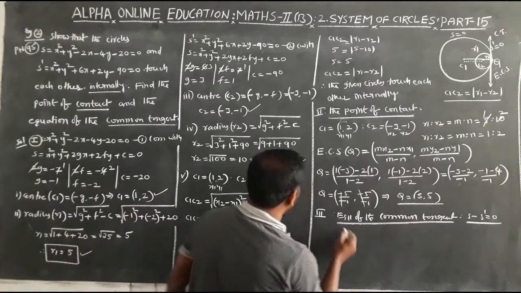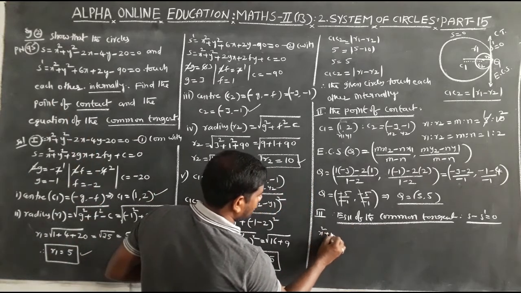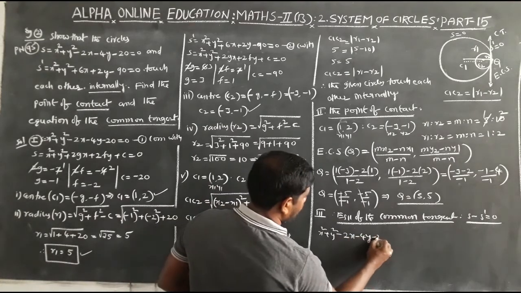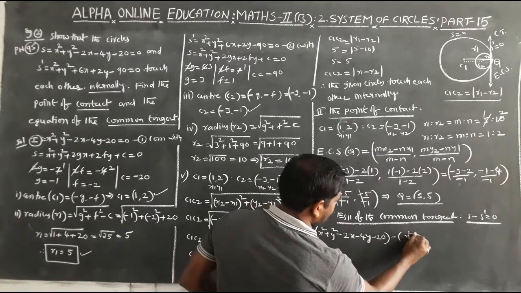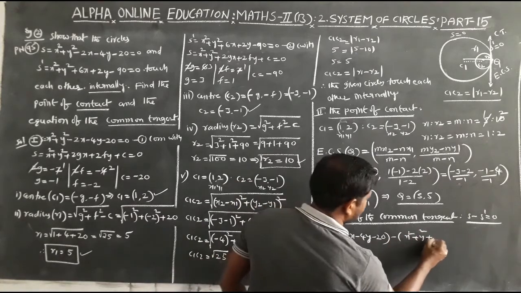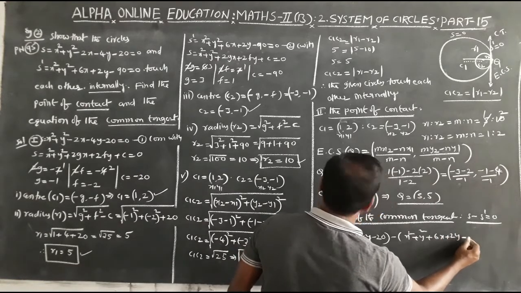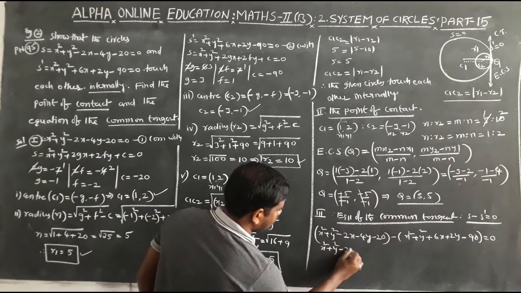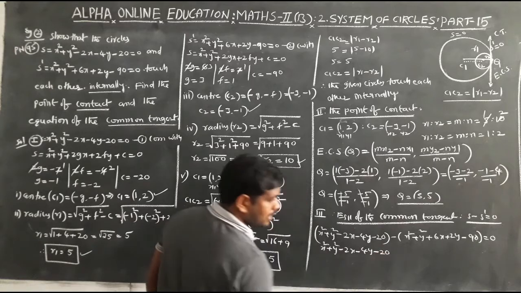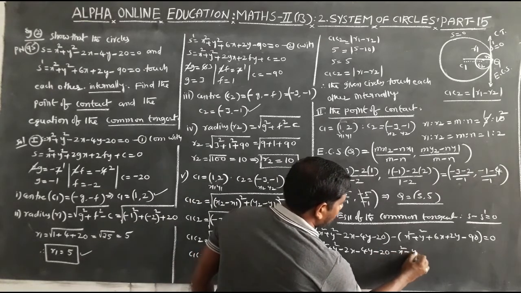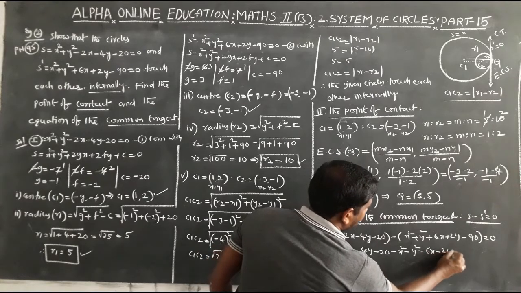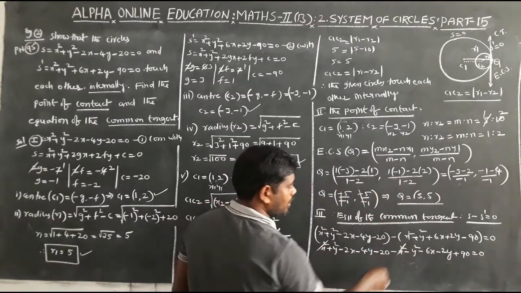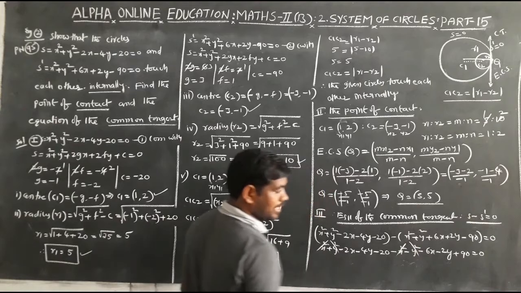So x square plus y square minus 2x minus 4y minus 20, minus S dash, x square plus y square plus 6x plus 2y minus 90, is equal to 0. x square minus x square cancels, y square minus y square cancels.